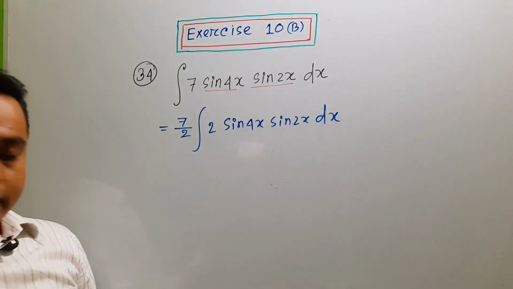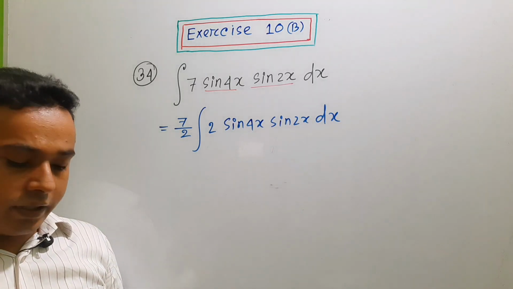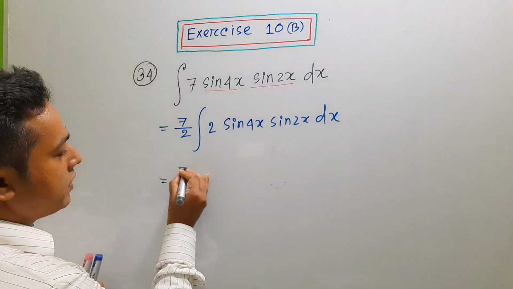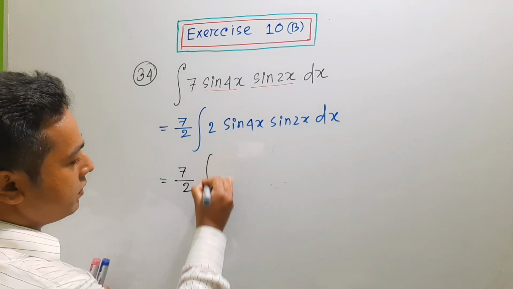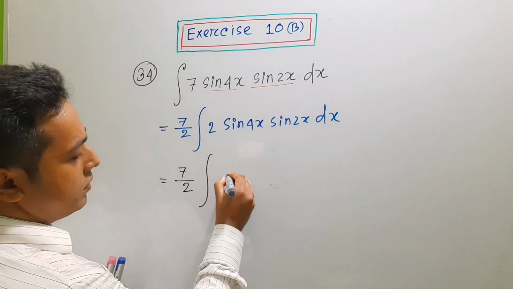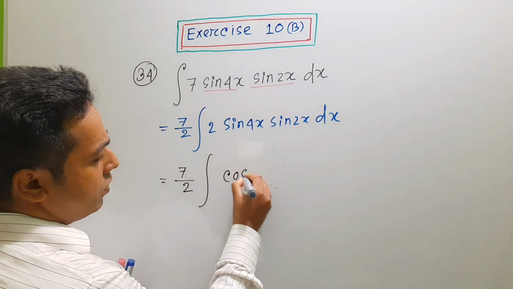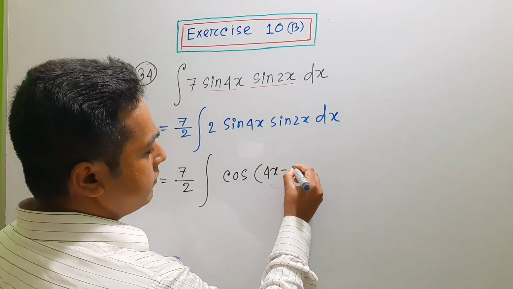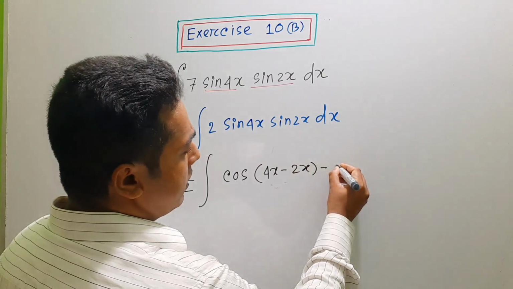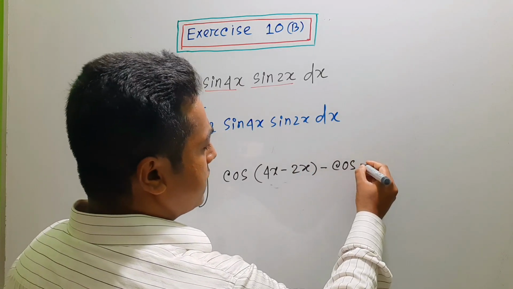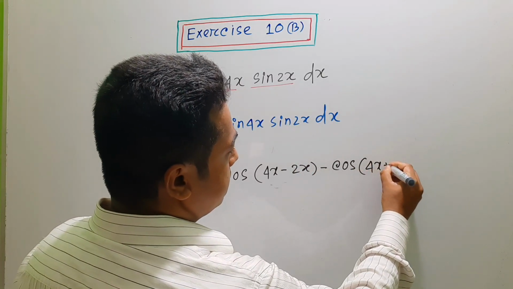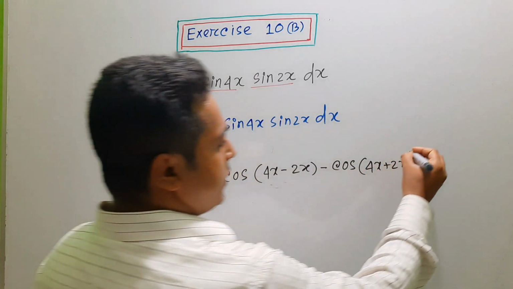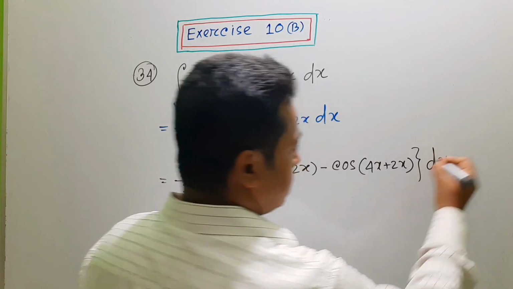According to the trigonometric formula for 2 sin a sin b, we can write cos a minus b minus cos a plus b into dx.